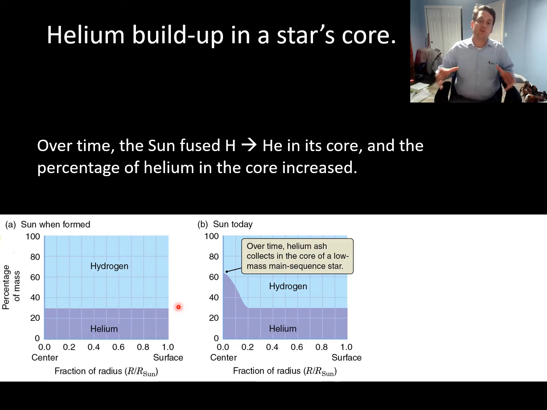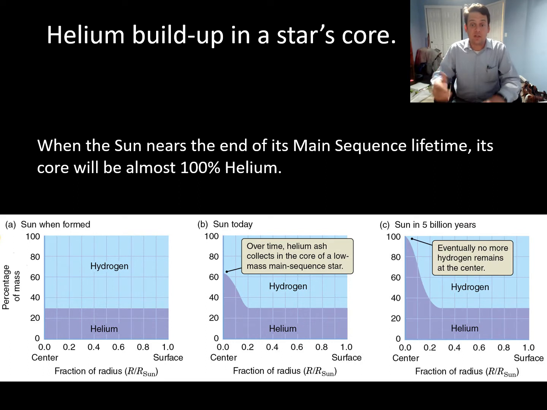Because fusion is only happening in the core, and the core reaches out to about 20% of the sun's radius, the helium fraction decreases until at about 20% of the sun's radius it hits the ambient value and continues out.